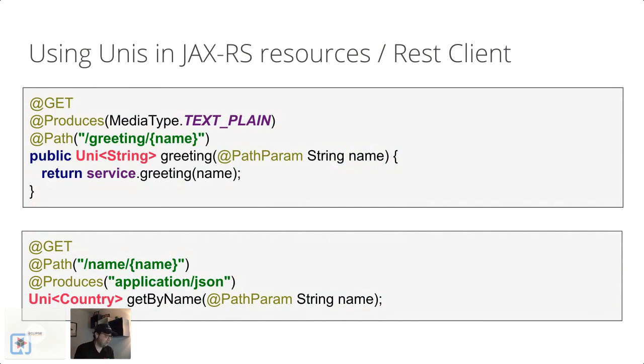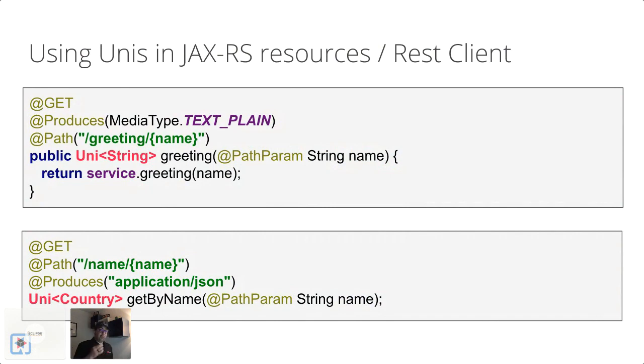You can use that with a MicroProfile REST client too, by returning a Uni. It's still an HTTP call, but it's handled completely asynchronously using non-blocking IO. When you get the response back, we can continue the computation. So it's already one step toward asynchrony. It's not totally perfect, we will see why, but it's already something.